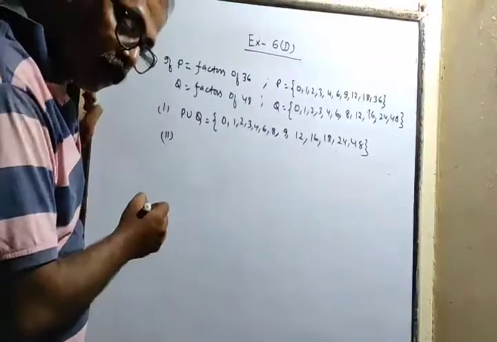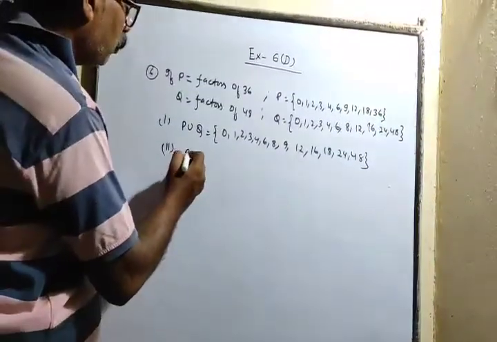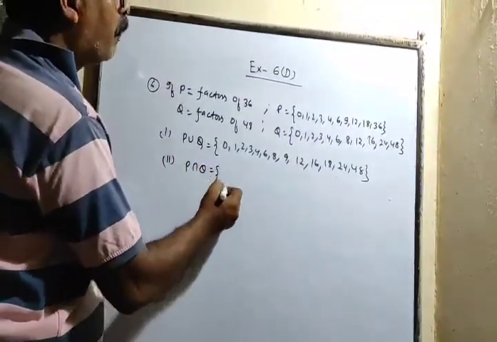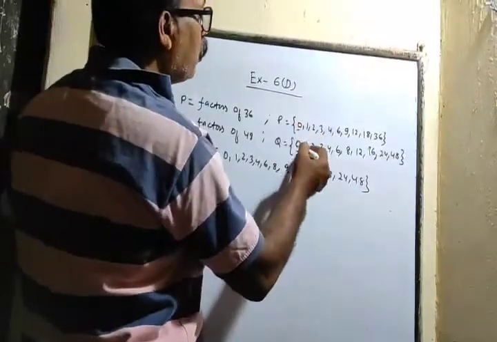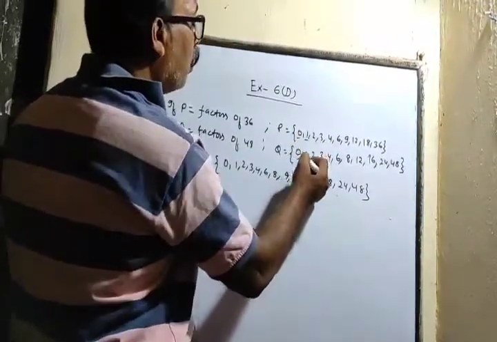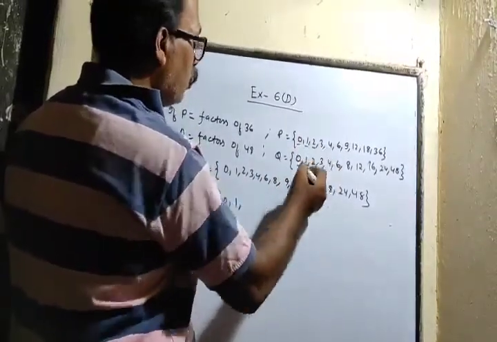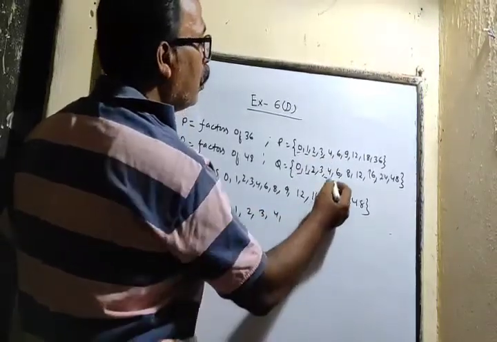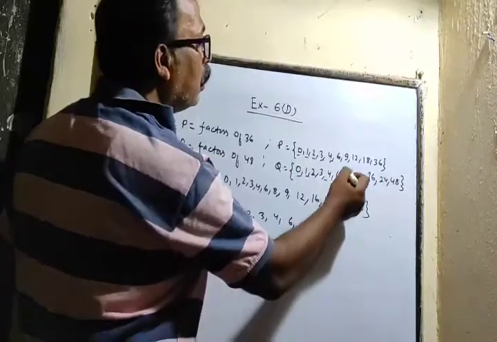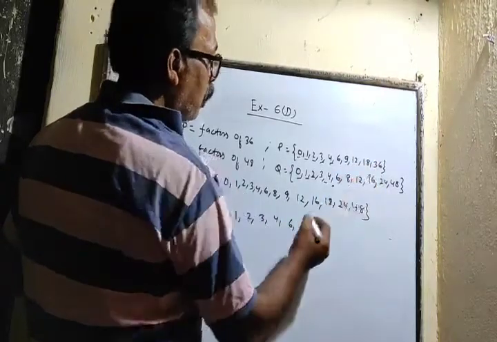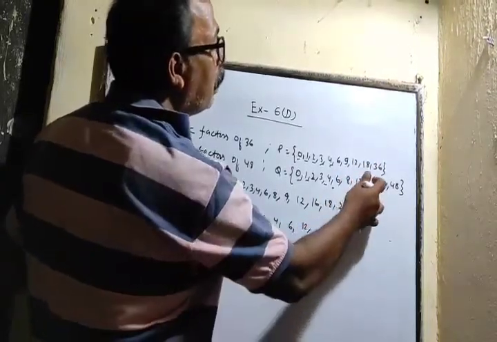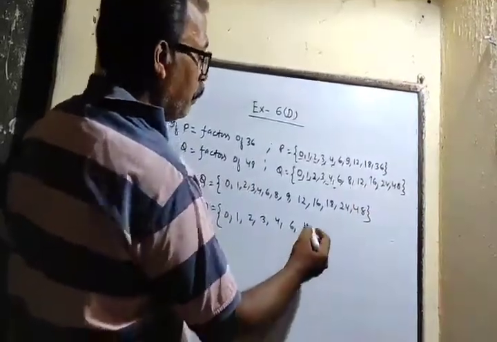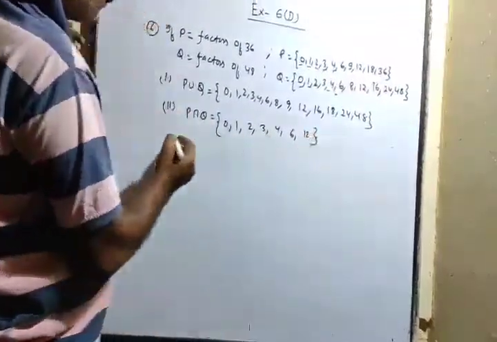The second part of the question is asking about P intersection Q. So we'll find what is common between P and Q: 1, 2, 3, 4, 6, then 8 is not there, 12 is common. After that, nothing is common between them. So this will be your answer.